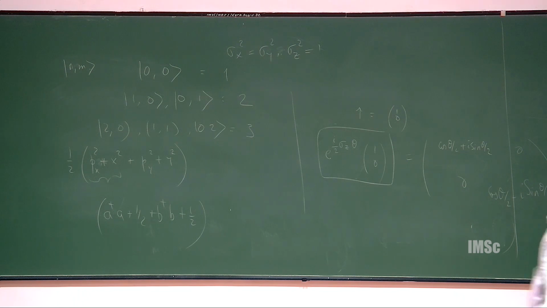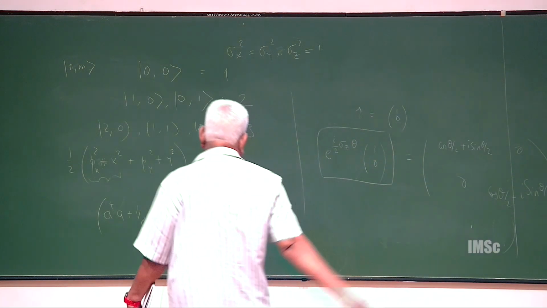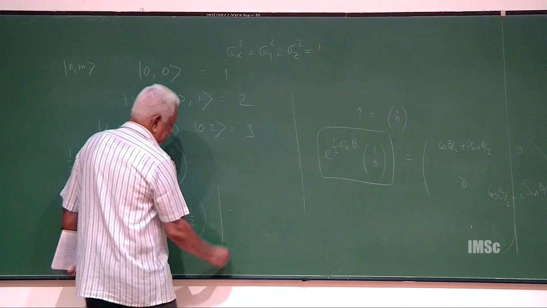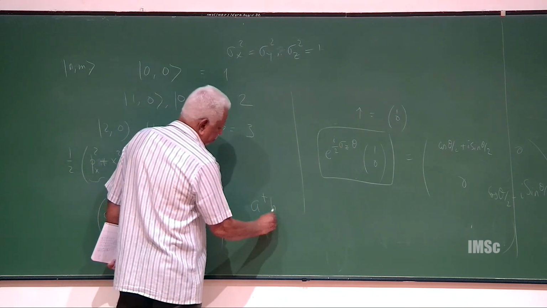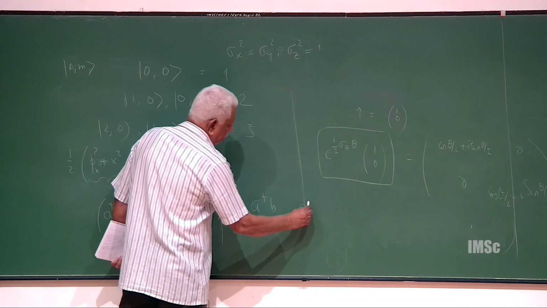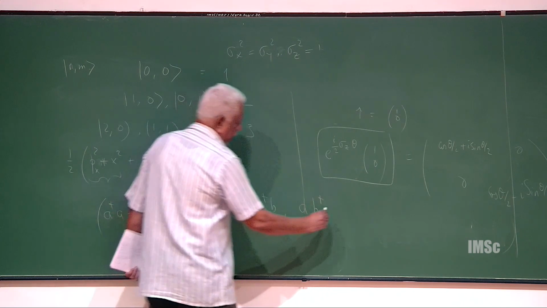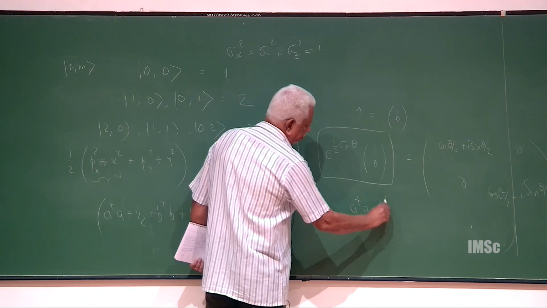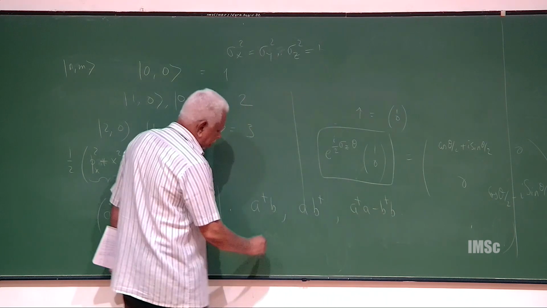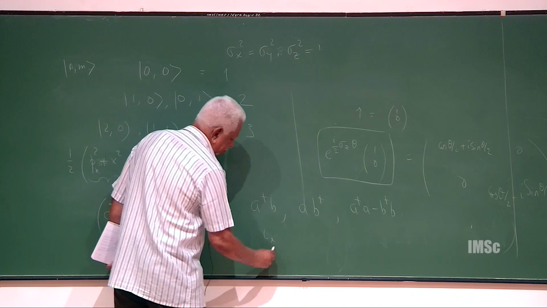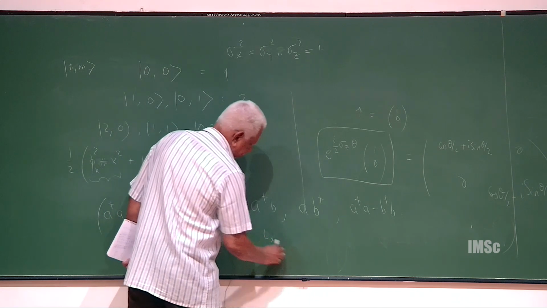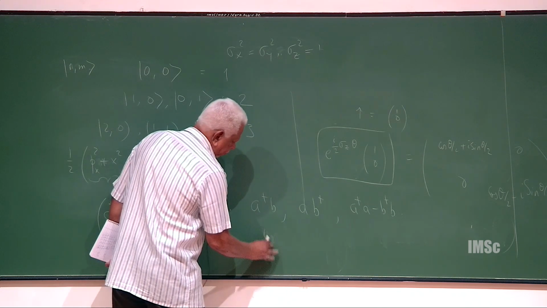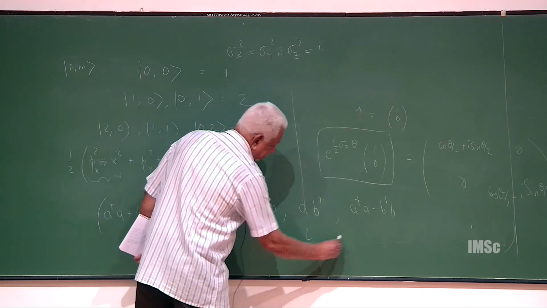Now you can work it out, this is another exercise. You construct A dagger B, A B dagger, and then A dagger A minus B dagger B, probably with a factor of half. I will call these L plus, L minus and Lz.